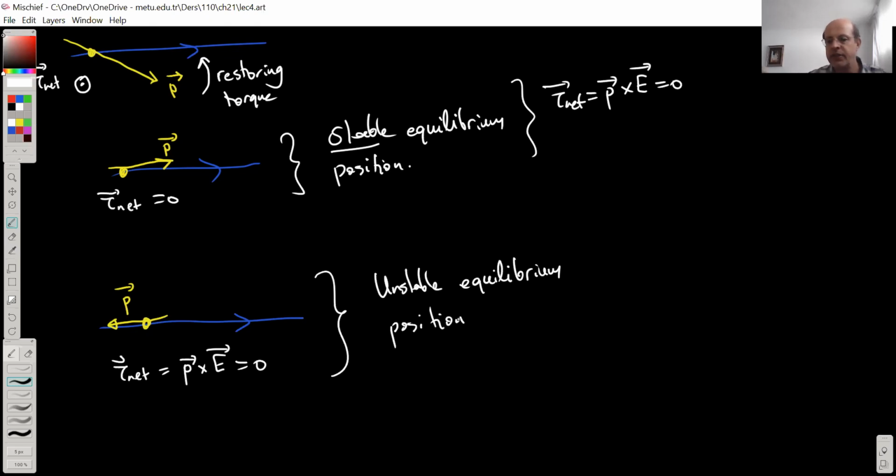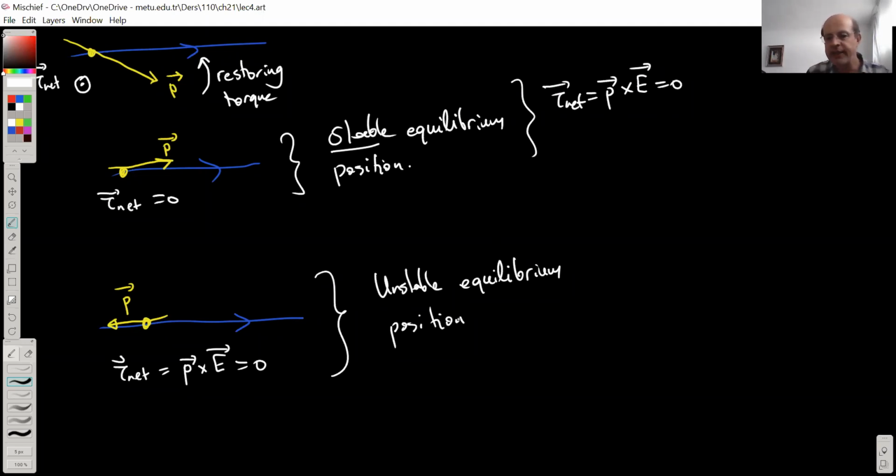If you place the dipole in that location with exact orientation, it will ideally stay there forever, but it won't, because there will always be small deviations from this ideal orientation. Once you have this deviation, the torque removes the dipole from that orientation and then makes it parallel.